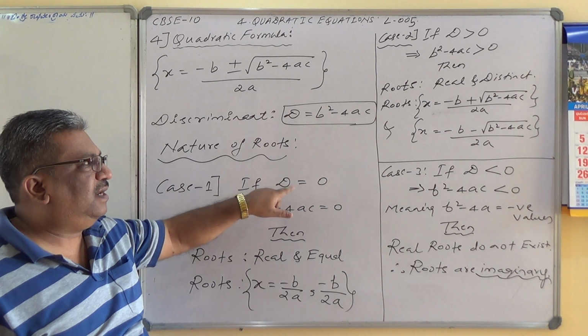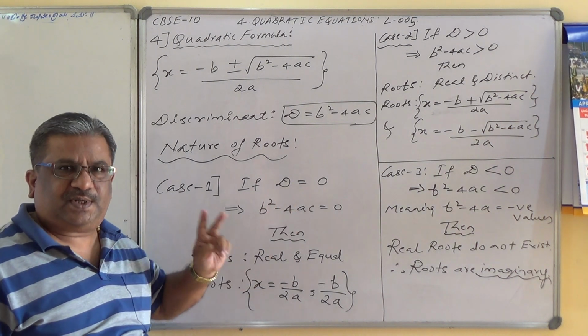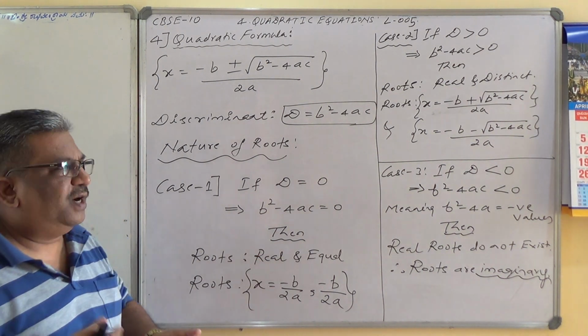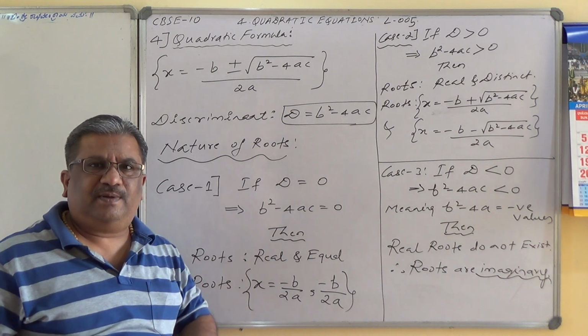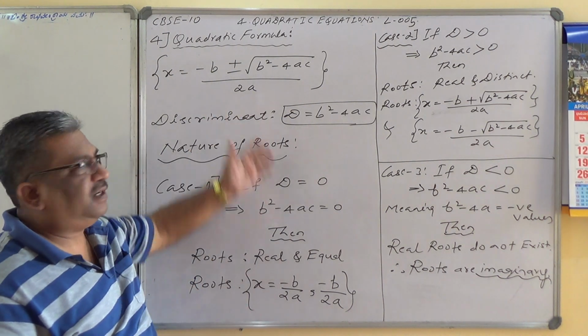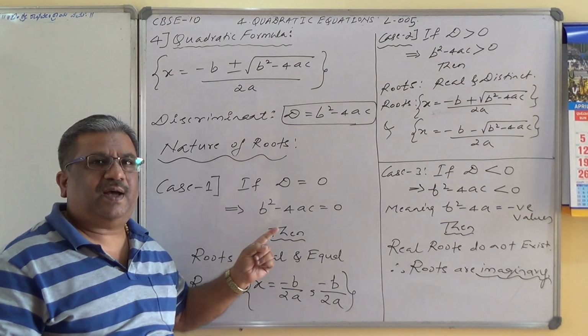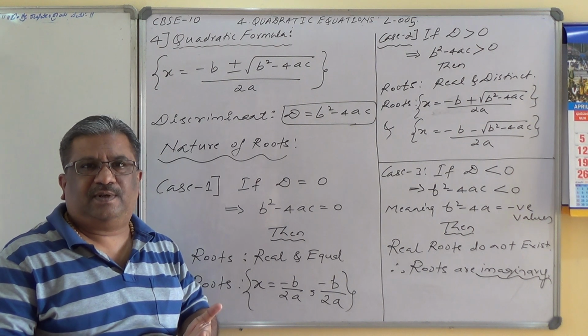If I get d less than 0, then it is not possible to solve. So 2 such examples first I will take, and then I will randomly pick up the questions, word numericals as well as some quadratic equations. We will try to solve by using only quadratic formula. Henceforth I will be using quadratic formula for solving the numericals, whether word numericals or quadratic equations. So please note it down.